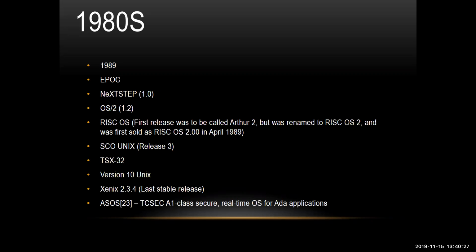It was later acquired by SCO Group and now owned by Xinuos. And then we had the TSX-32 and then the version 10 Unix. And CNIX 2.3.4 was also released during 1989. And lastly, ASOS.